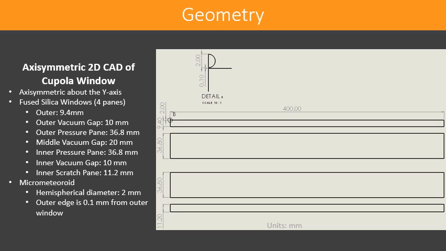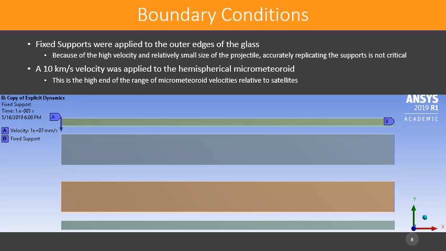It's 40 centimeters, and then here's a detailed view of the half of the meteoroid, the little 1/10 gap right there, and then the edge of the top pane. And so this will all be axisymmetric about the y-axis right here. So here are the values, and on to the next. So boundary conditions.